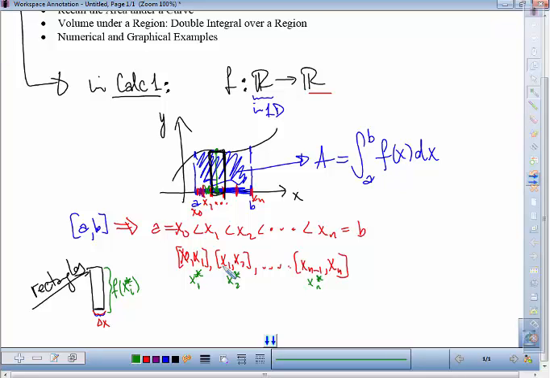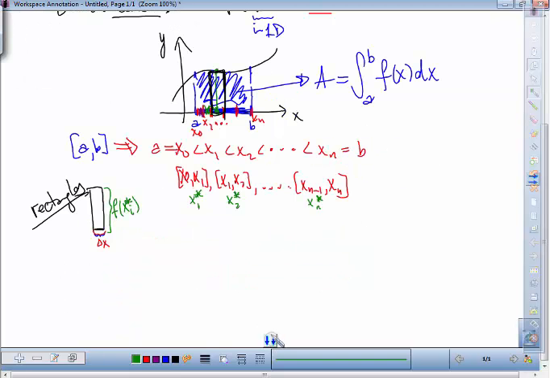And so it's just base times height. We multiply these two things, and then we add up all these rectangles that we're putting together. And so we get the area to be approximately equal to the sum of f of x sub i star times delta x.